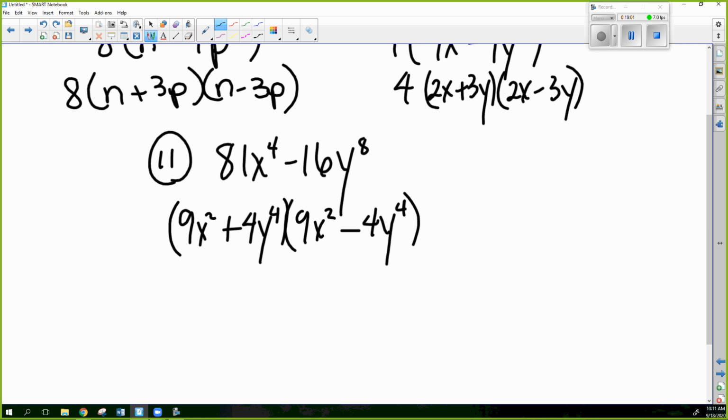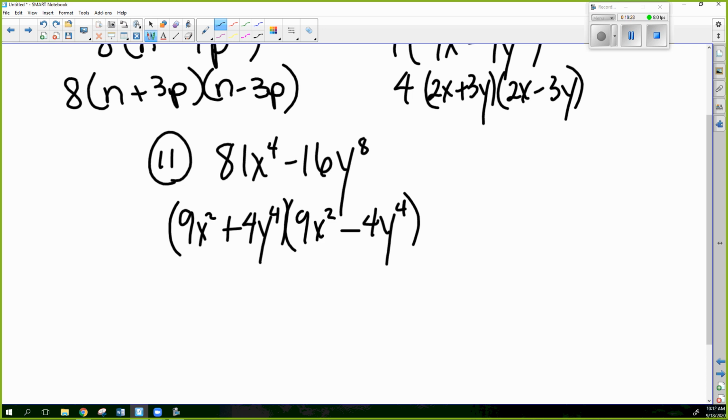Now, this problem is not done. Why? What do we have more of? We got more, well, all of them have more squares. But remember, you can only factor the ones that's dots, difference of 2 squares.